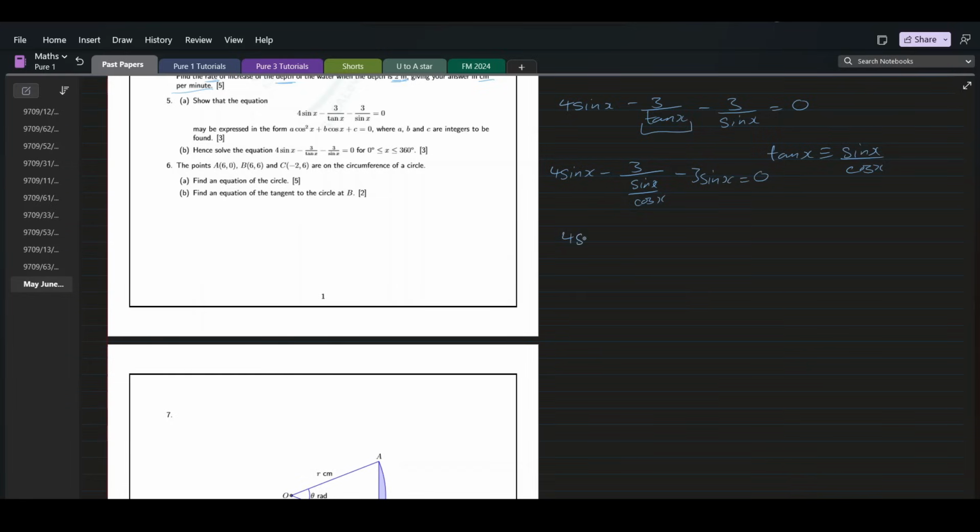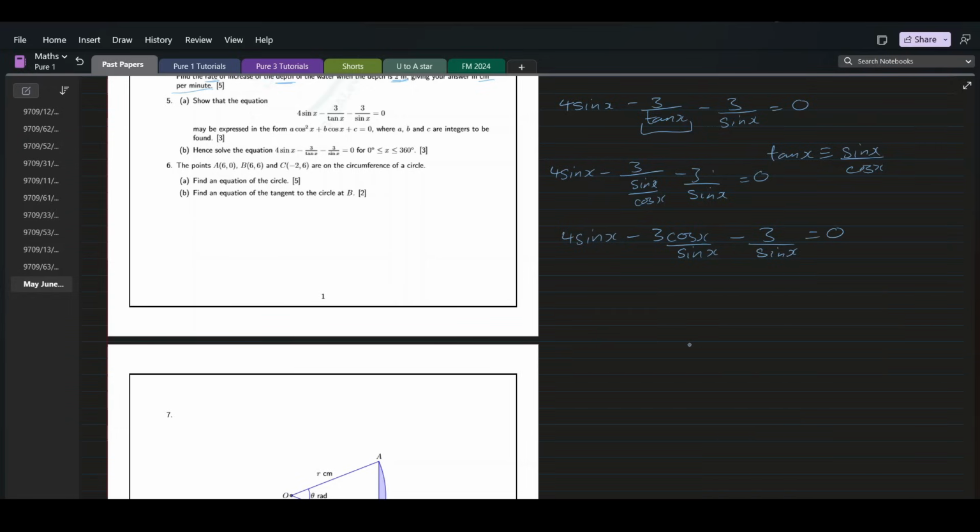So this becomes 4 sin x minus, if you resolve the fraction, you get negative 3 cos x over sin x minus, looks like I made a mistake over here. That sin x should be in the denominator, so it should be 3 over sin x here. So this bit would be 3 over sin x, and this is equal to 0.